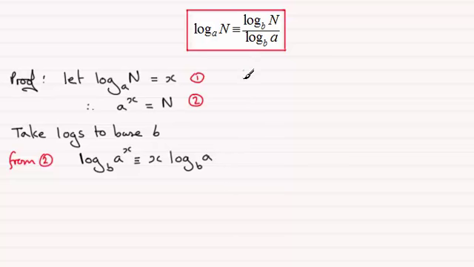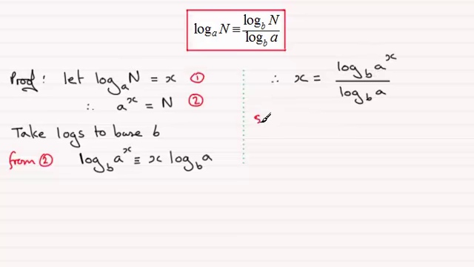Now if I just come down here, if I make this x the subject, I therefore have x equals the log in base b of a to the power x divided by the log in base b of a. But if I now substitute these results from 1 and 2 into here, we should be able to get the result that we want.